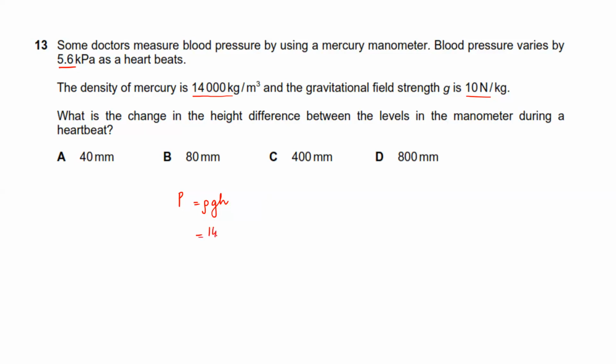Density of mercury is 14,000 kg per meter cube multiplied by gravity, 10 newton per kg, multiplied by height, which we don't know, and the pressure is 5.6 into 1,000 pascals, newton per meter square.